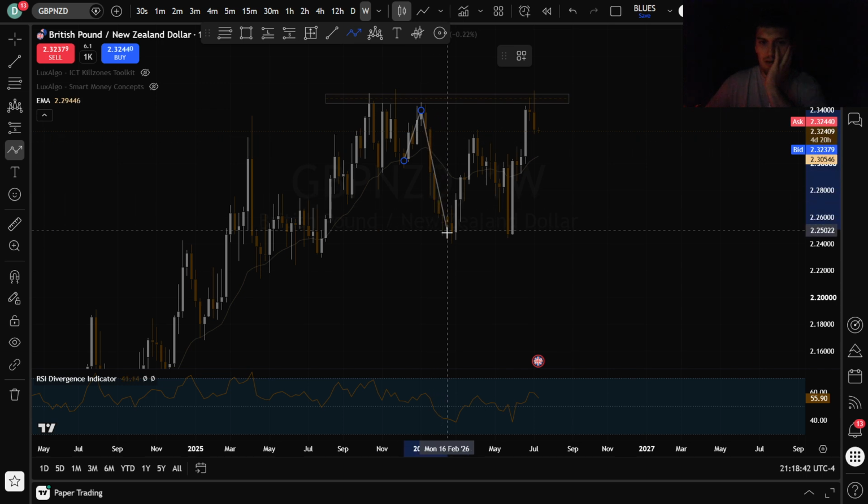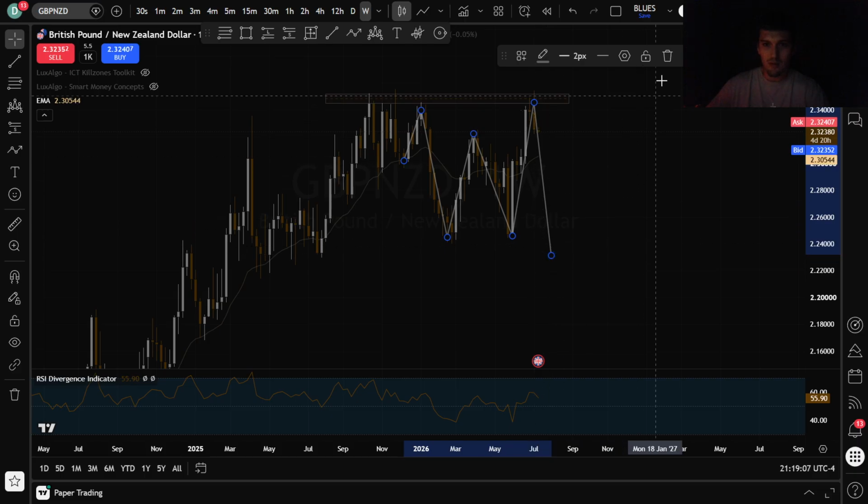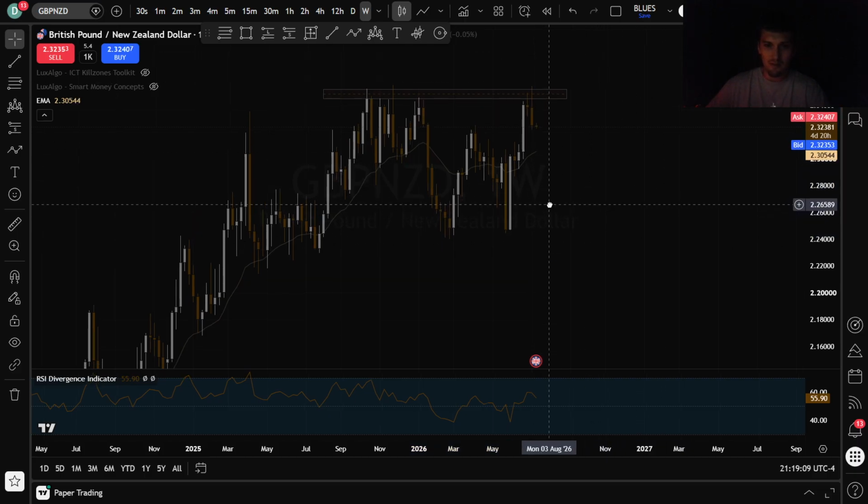So what we've done here is we created a lower low, lower high, then we created a higher low, and then a higher high. So that right there is signaling to me that it could be a possible reversal, because if we fail to go beyond this zone, likelihood is saying that we're going to go lower. So I'm expecting sells here.